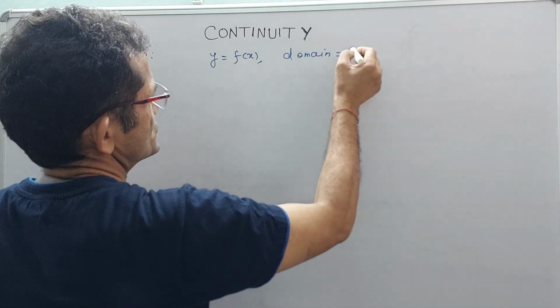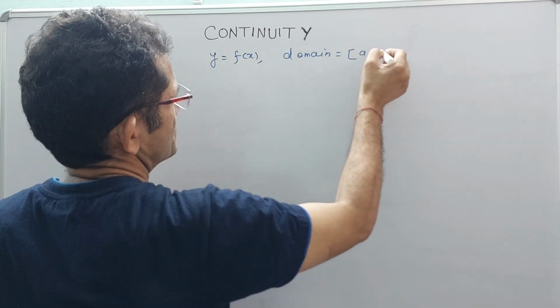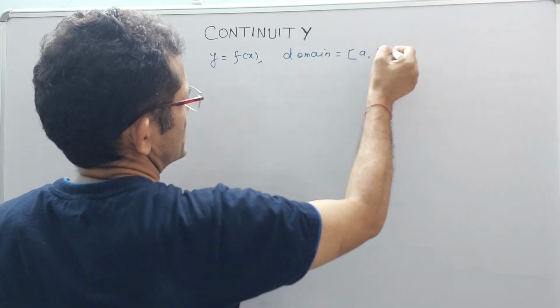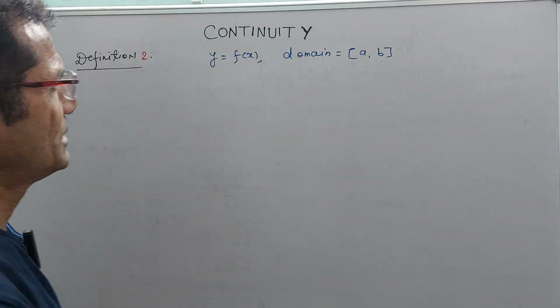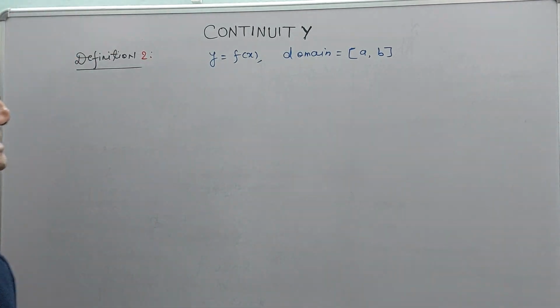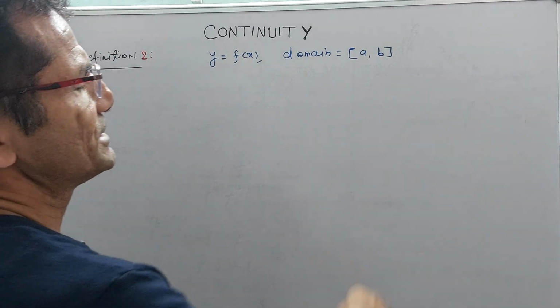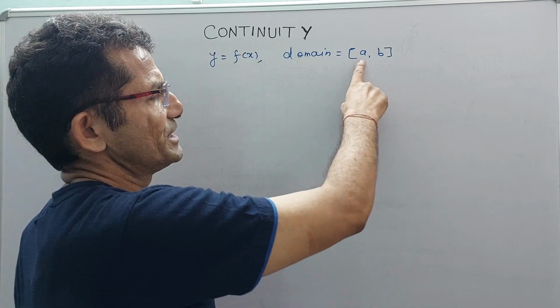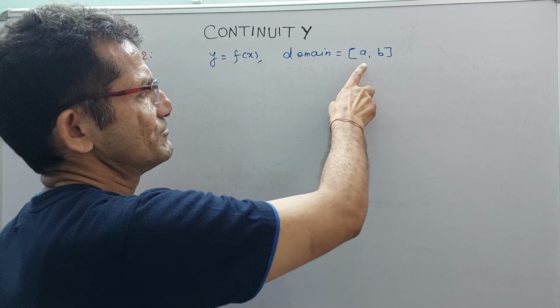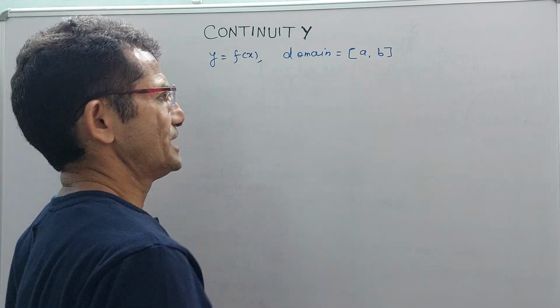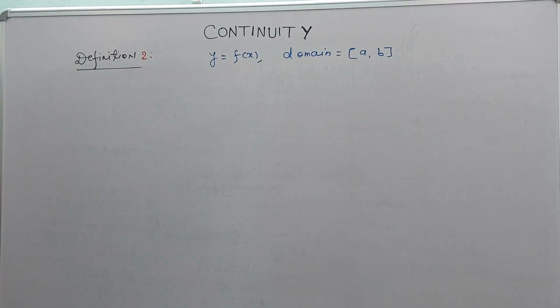If we have a closed interval as the domain, how do we define continuity in this closed interval? The function f(x) is continuous at each point of the domain between a and b, including the extreme points x equal to a and x equal to b, which should also be defined.